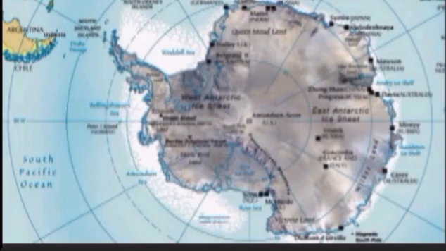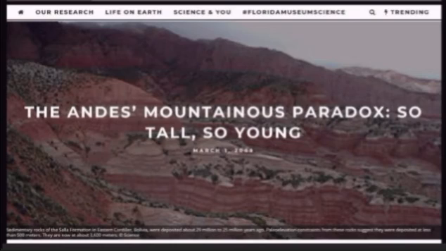And the answer is yes. There's several articles about the paradox about the Andes, and so I pulled one out at random. And in this article, it talks about the Andes paradox, which is they're extremely tall for being so geologically young.